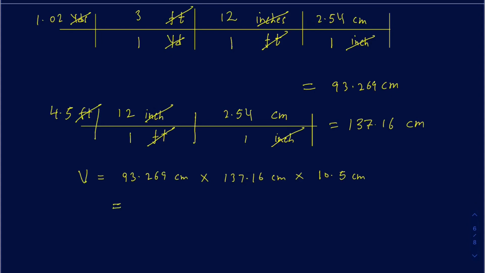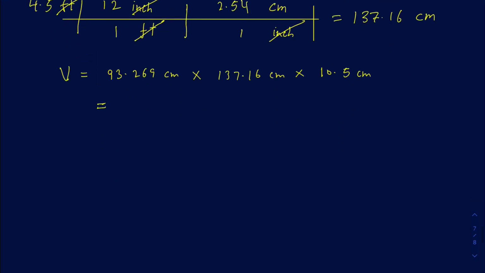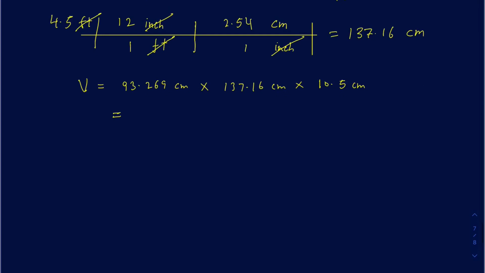Okay, so what that comes out to be, let's say 93.269 times 137.16 times 10.5. So it gives you 134,332.7 centimeters cubed.